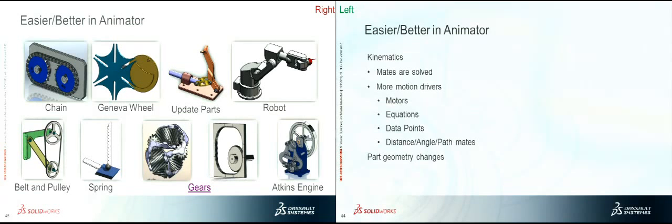So if the part gets bigger, the center is still in the same place, but it can't push the surrounding parts. In SolidWorks, we're solving the mates. So if that link gets longer or shorter, the mates push the adjacent parts, and the animation will update. And I think I hit all of them in here, didn't I? Mm-hmm. Okay.